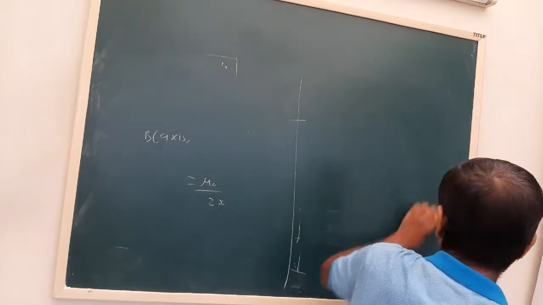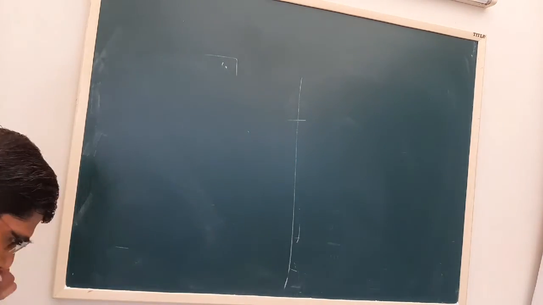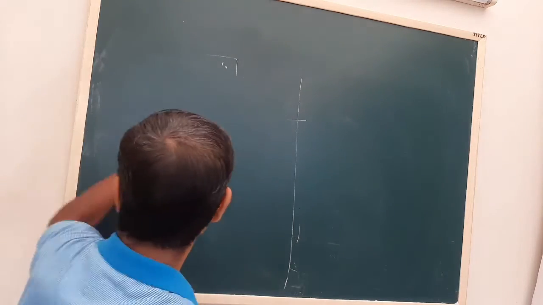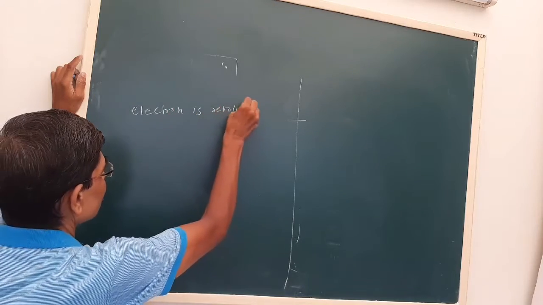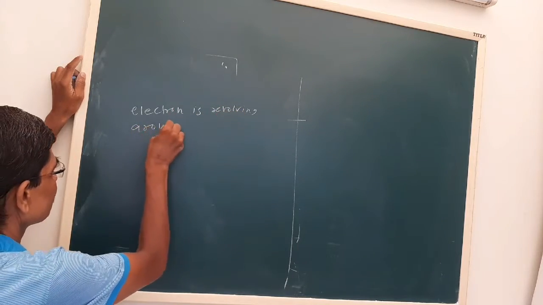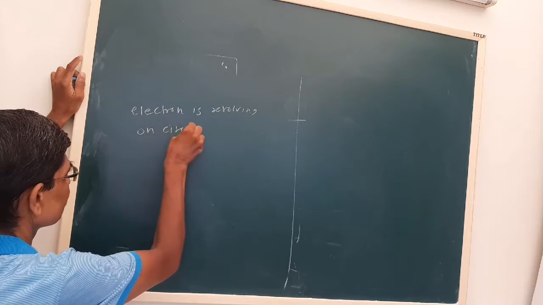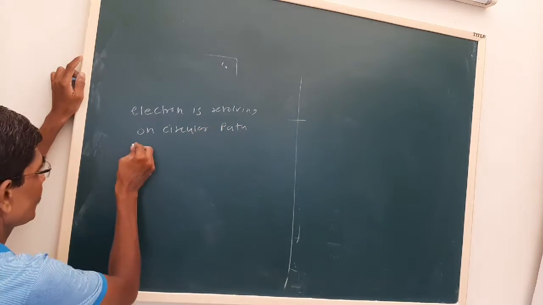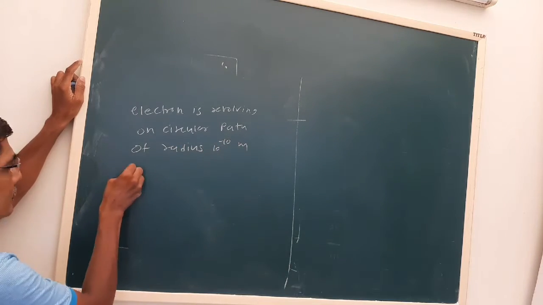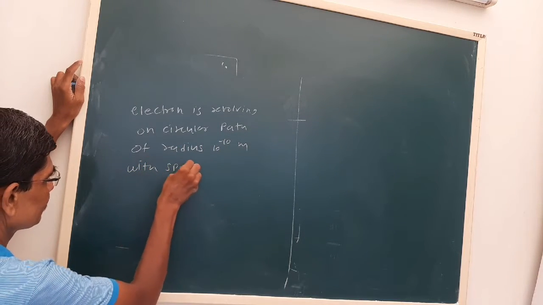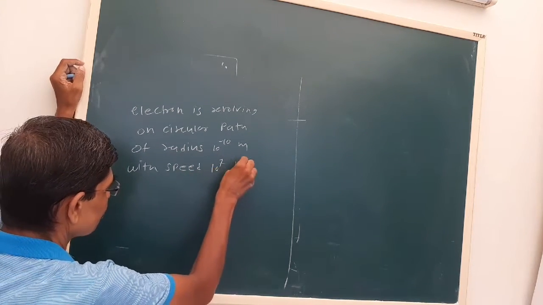Now we take some example. Let us say an electron is revolving around a nucleus on a circular path of radius 10 meter with some speed.